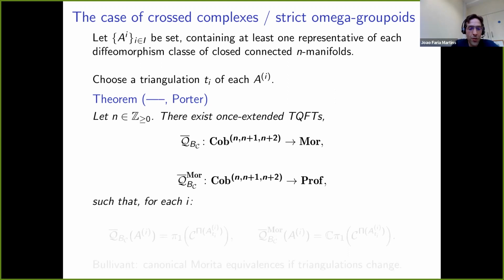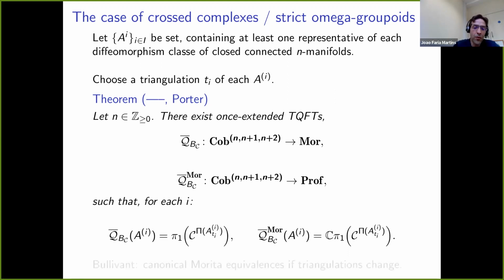So again, compute the fundamental crossed complex of the triangulated manifold, take the internal hom of maps to the crossed complex C, and look at the fundamental groupoid of that crossed complex. Everything is finite. In the Morita case, just linearize and pass from a groupoid to a groupoid algebra.